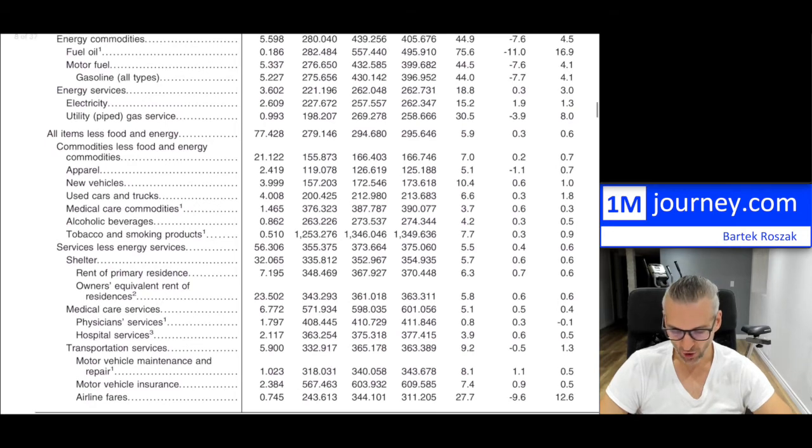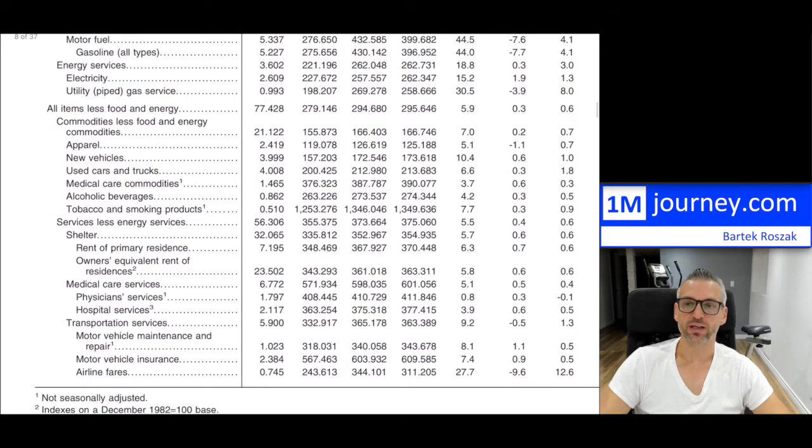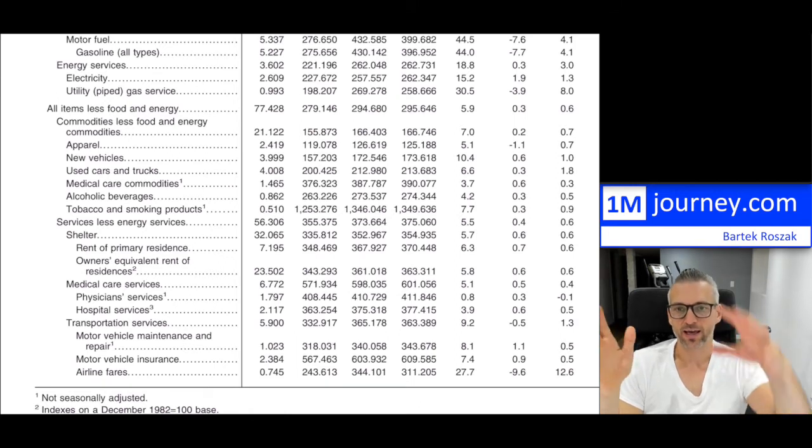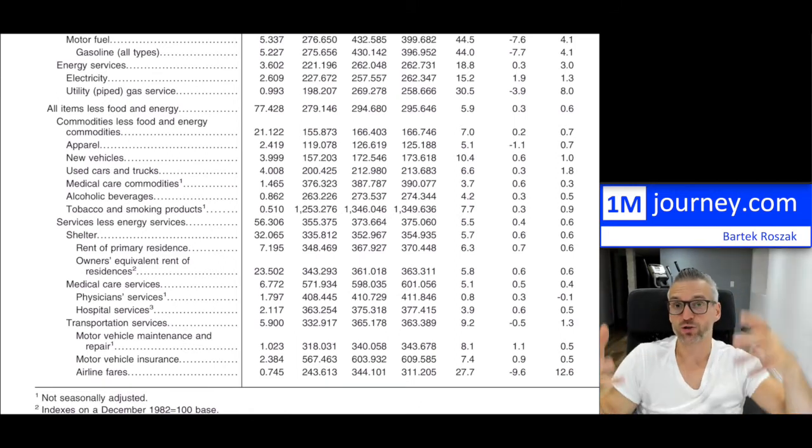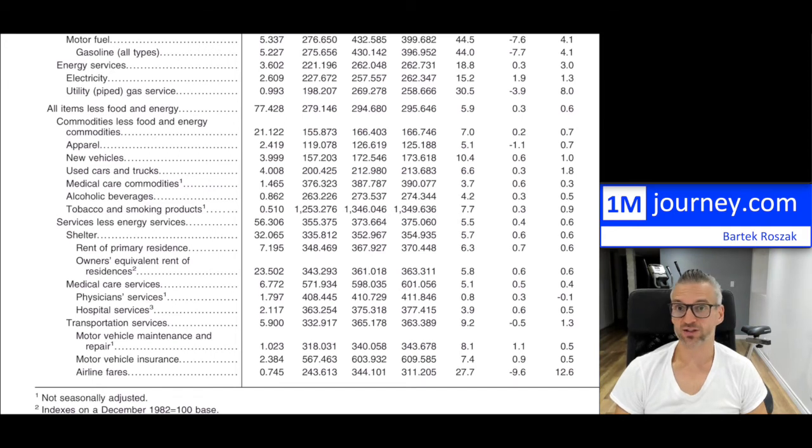And you can keep going, and you can even break down the smallest of items, but you notice that this is a huge data set. If we had to collect this and graph what is happening to apparel over time, that's great, but then we would have to do that for every single individual thing, which is fine if you're interested in one area.